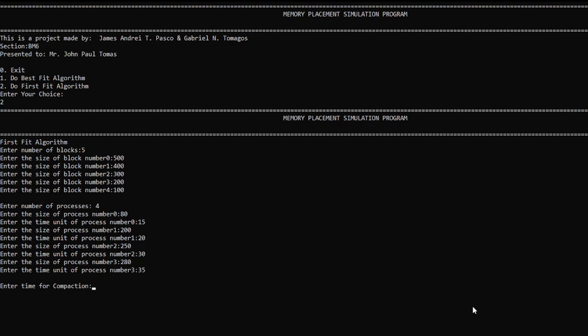For the time compaction and coalescing, I place 10 for compaction first and 15 for the coalescing. And as I press enter, we could see the allocated process, the number of compaction use, and the coalescing.